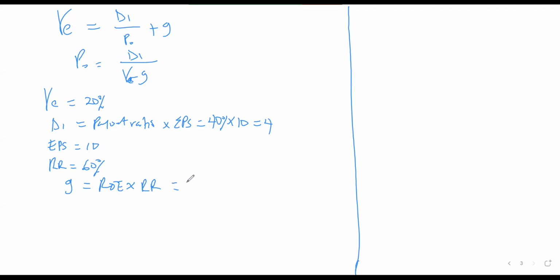So that is 0.12 times 0.6, giving us 0.072. So that's your growth rate. So now that you have all the information, you can calculate your price to be 4 divided by 0.2 minus 0.072. What do we have?